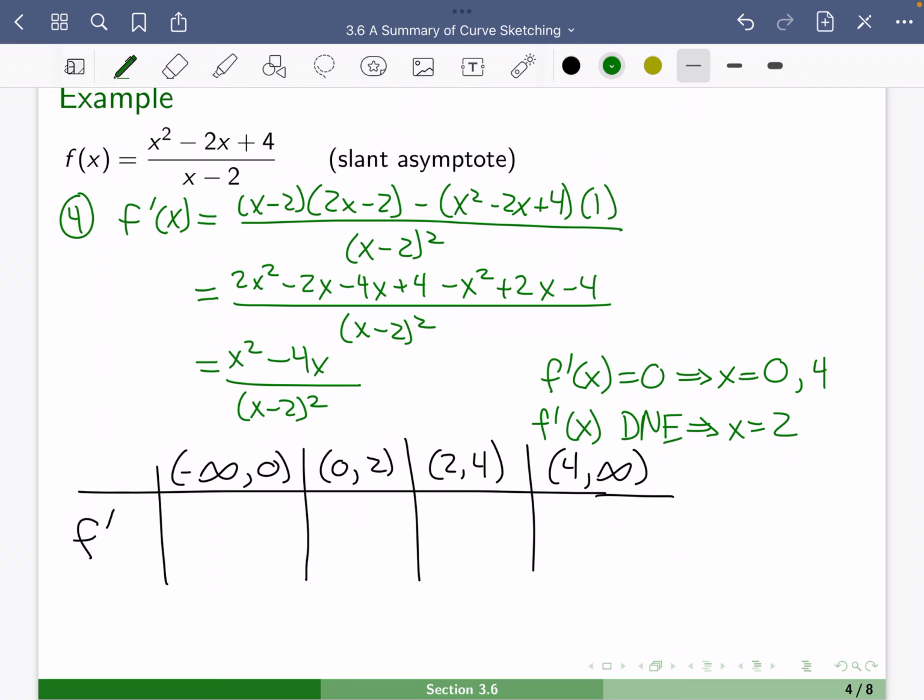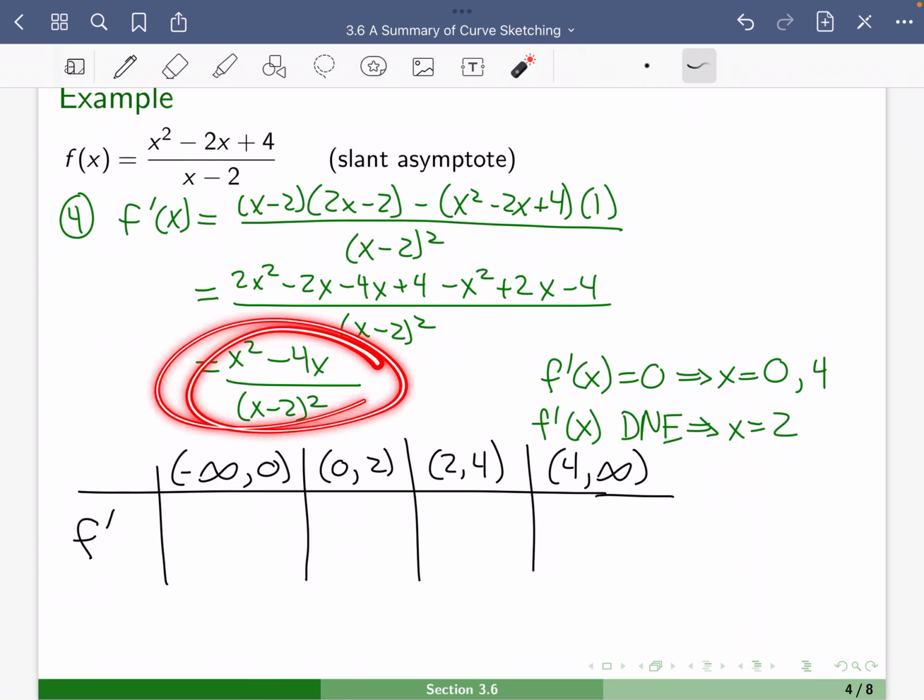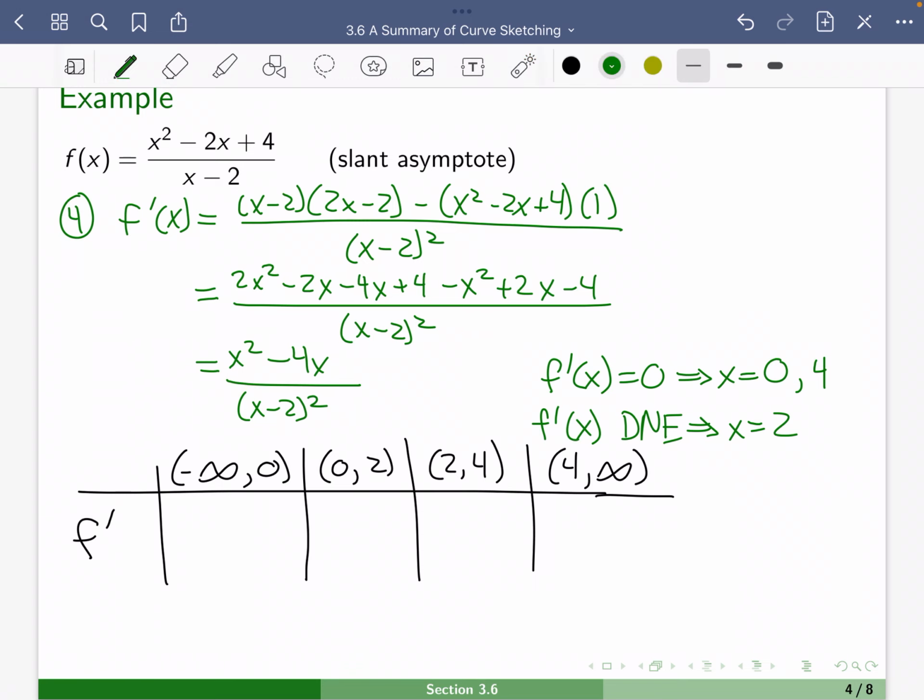If we were to plug in a value smaller than 0 into our derivative, so plug in negative 1 here, that denominator is always going to be positive. Negative 1 squared is positive 1, minus 4 times negative 1. You'll get a positive on top over a positive, so that is positive.